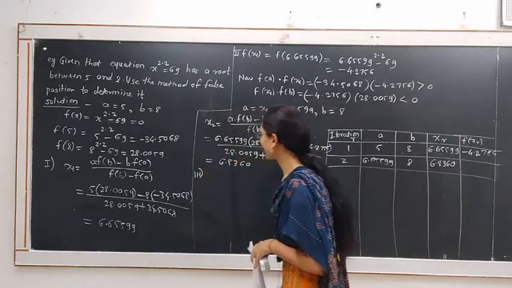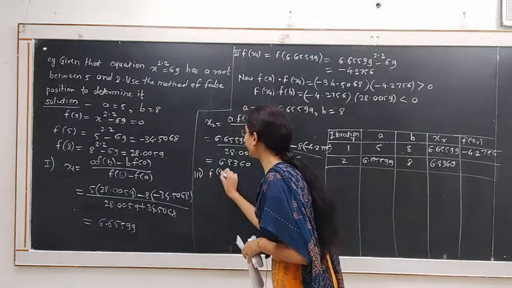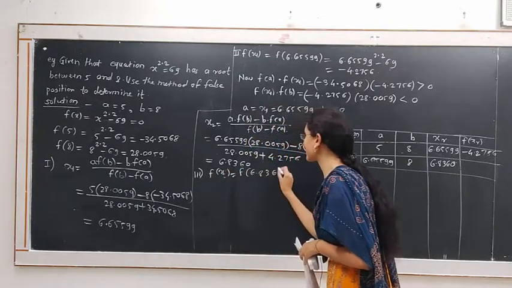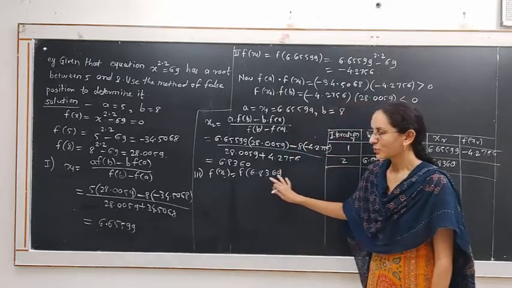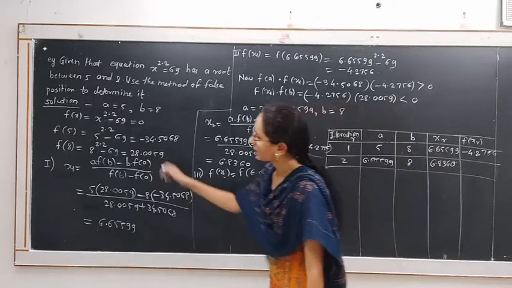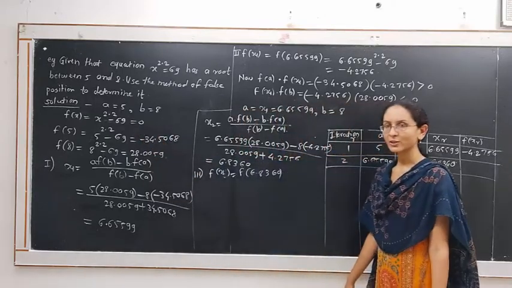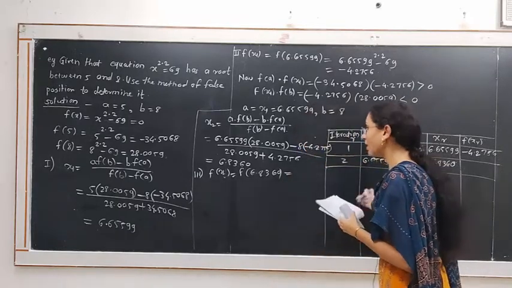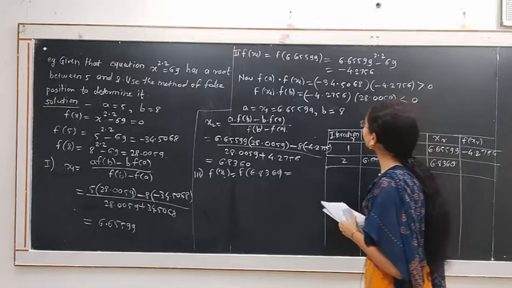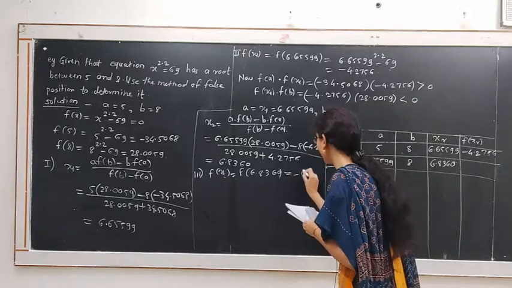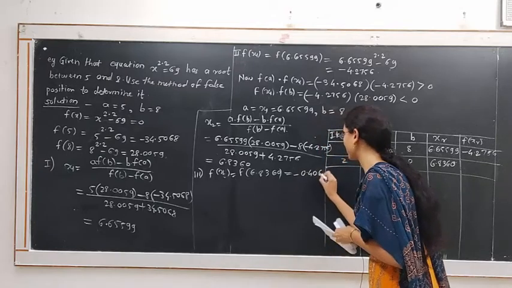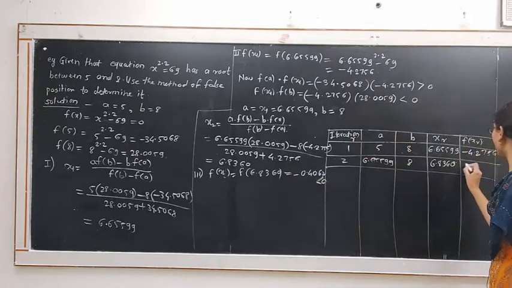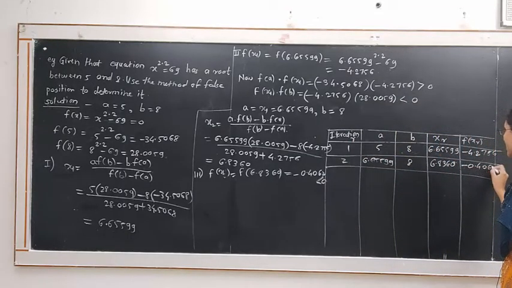In the third iteration, f of x2 is equal to f of 6.8360. We substitute x equal to 6.8360 in the equation x raised to 2.2 minus 69 equal to 0. Then we will get this value as minus 0.4062, which is less than 0. This f of x2 value is minus 0.4062.